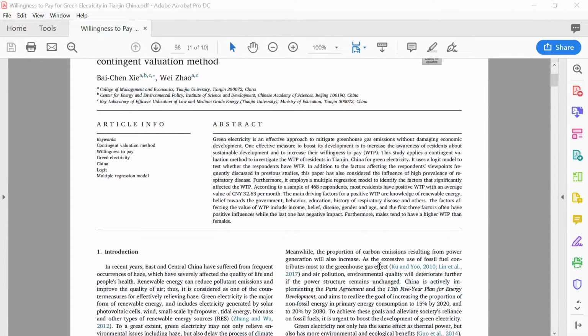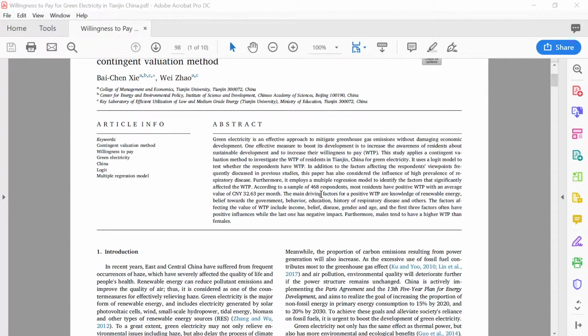Okay, so we've talked a little bit about what you might expect to find when you're going through these journal papers: how they set up the survey, the types of demographic and socioeconomic information they were collecting, what type of mechanism they had for the payment, what type of data collection method they had in terms of surveys, and how they described the payment in terms of payment cards or open-ended questions and so on.